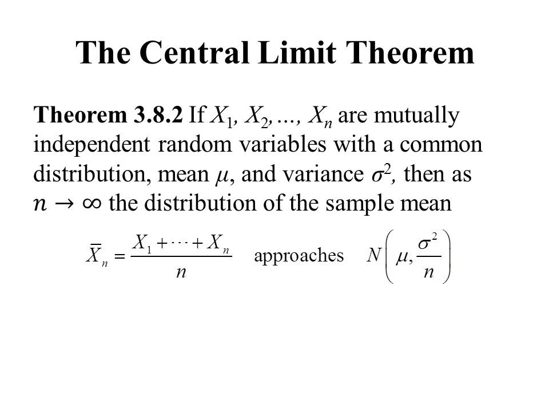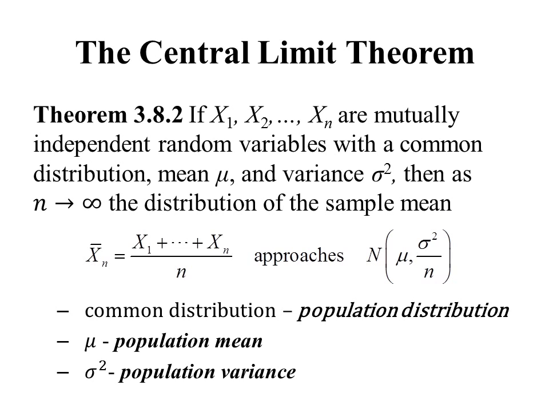Okay? So again, the central limit theorem tells us about the distribution of this random variable x bar sub n. It says it's approximately normally distributed with this mean and with this variance.